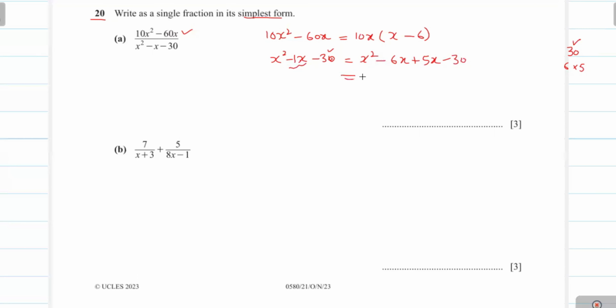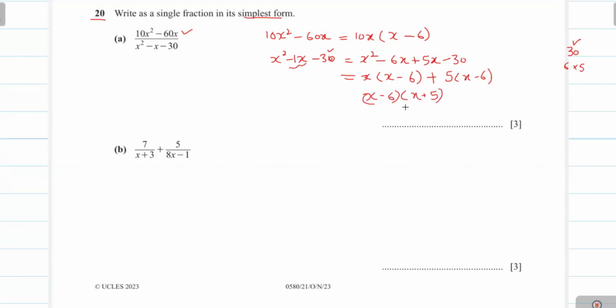Next we take the common factor. We can write x into x minus 6, and the common factor in the next two terms is 5, so we write 5 into x minus 6. Therefore, x minus 6 into x plus 5 is the factorization of the denominator.